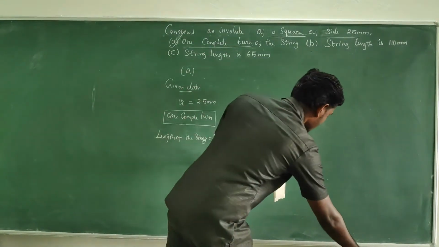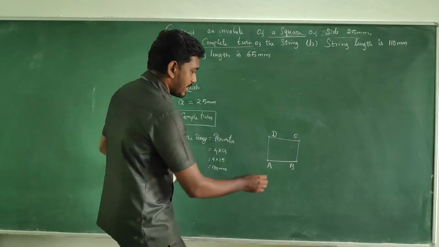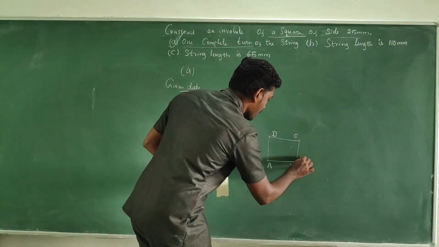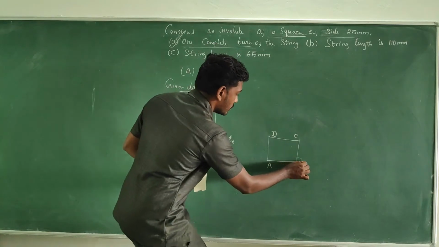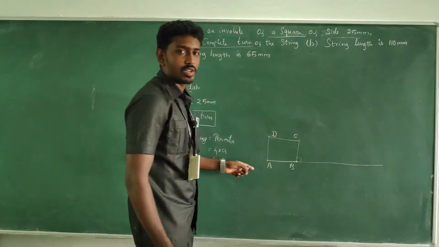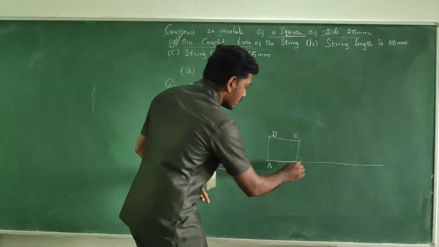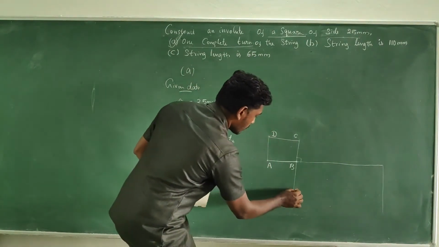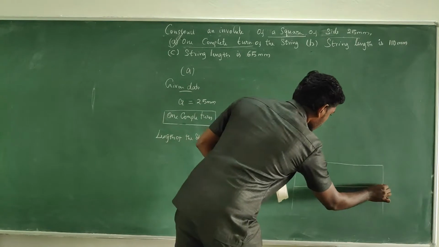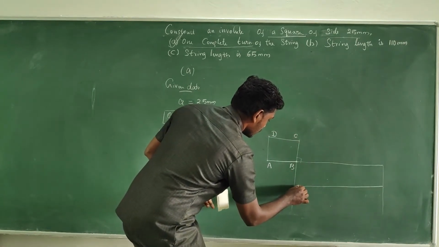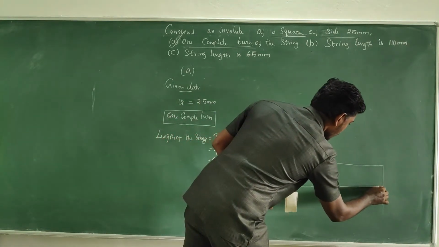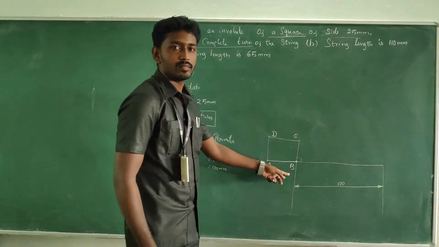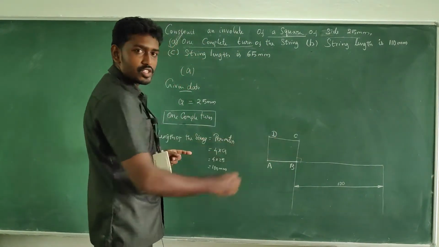So this 100 mm we are going to take from the point B by drawing the perpendicular line like this. On this line, measure 100 mm. This is the length of the string.